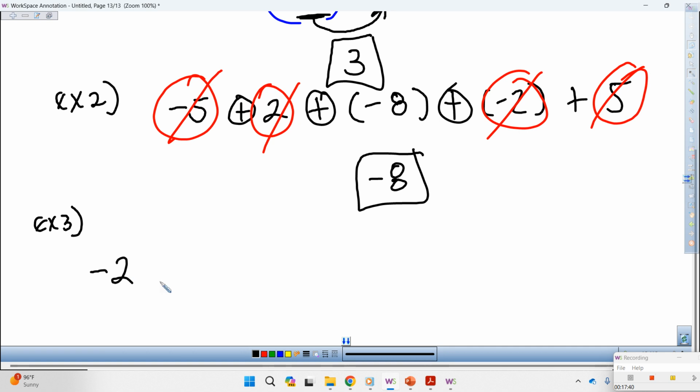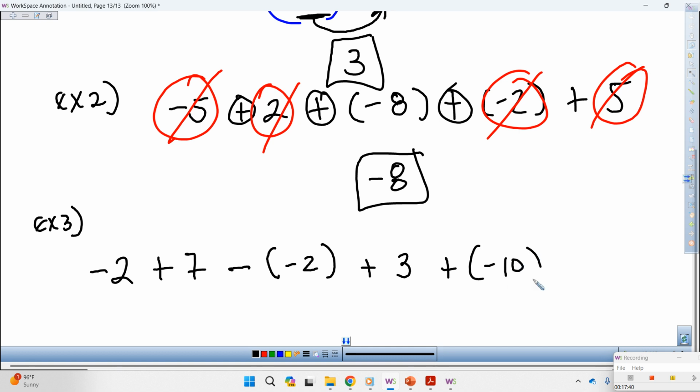Negative 2 plus 7 minus negative 2 plus 3 plus negative 10 minus negative 1. I'm going to send you a screen, so as soon as you're done, send me that work.